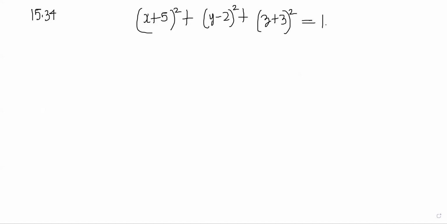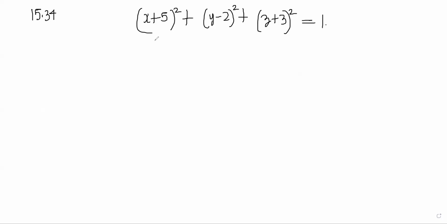It's because x, y, and z have to be integers. The only way the three squares sum to 1 is if at least two of them are 0. Otherwise, it'll be greater than 1.